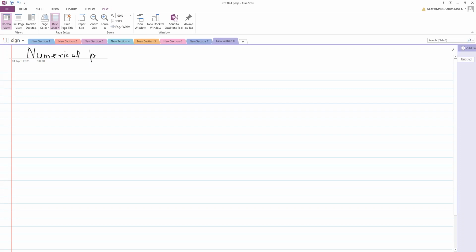Numerical problems. The first one is based on the scalar modulator.